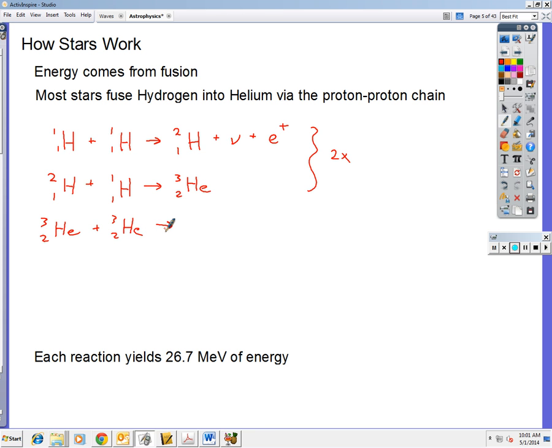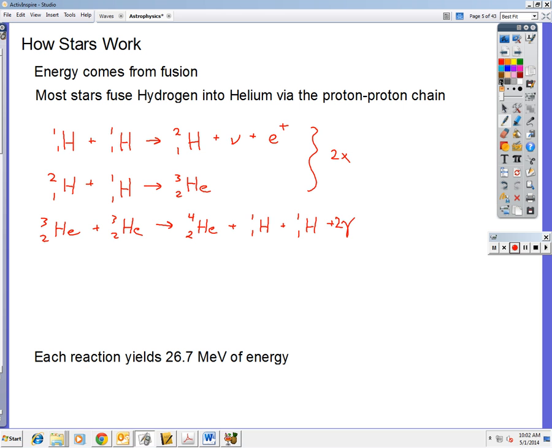Those collide with each other, and they turn into a helium-4, so we now have two protons, two neutrons, and also two more free protons. And then some energy in the form of gamma rays. It's typically two gamma ray photons.